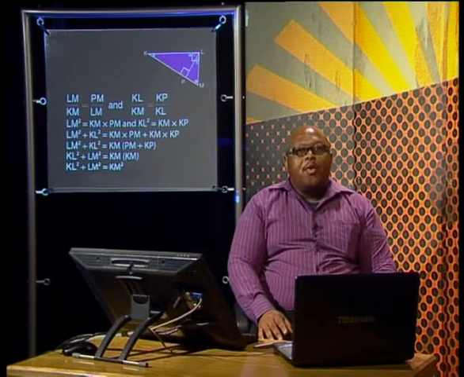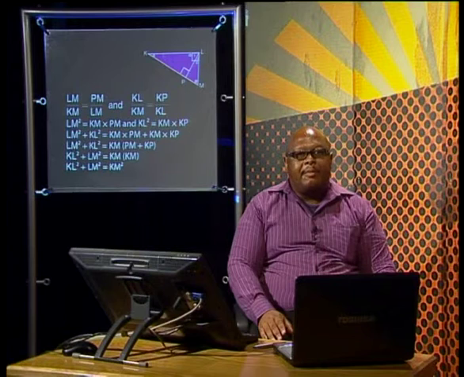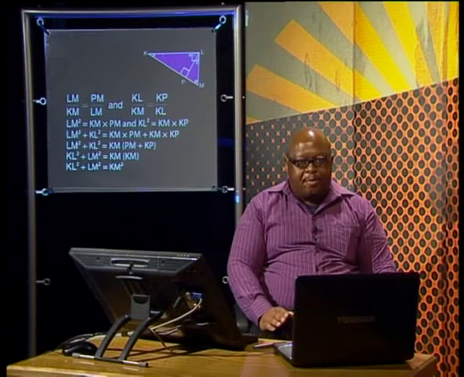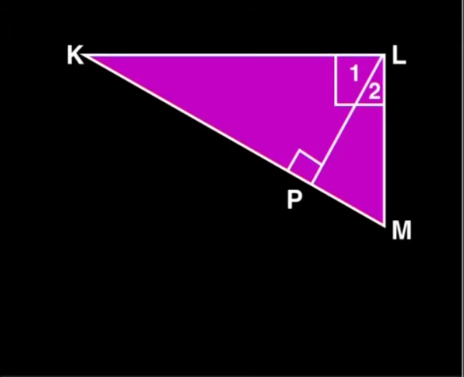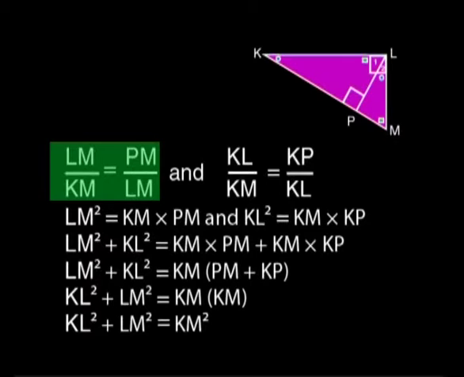Now, look at this carefully. We can use the proportion theorem to say that the sides are proportional. First, in triangles KLM and KPL, LM divided by KM equals PM divided by LM.